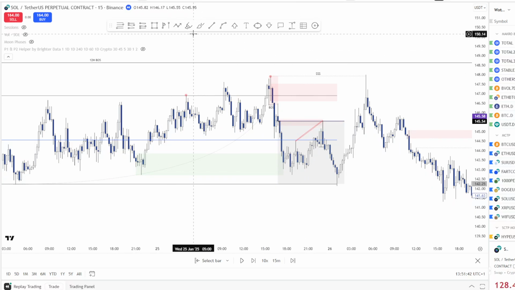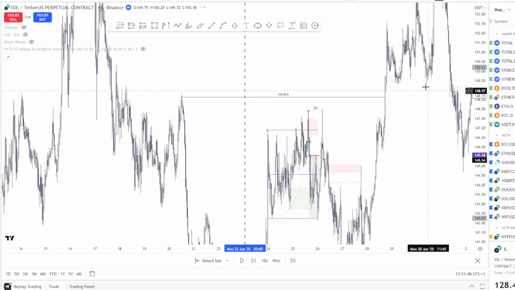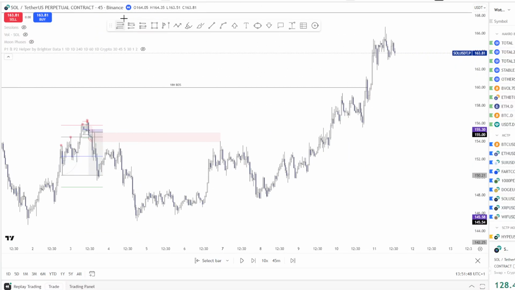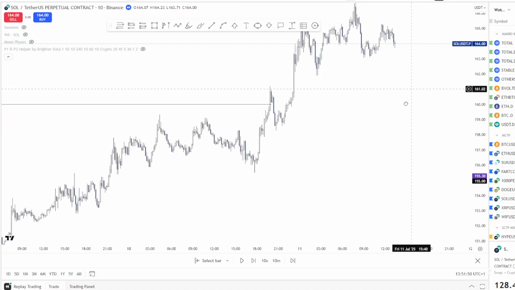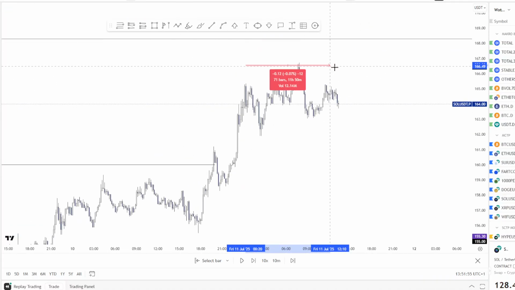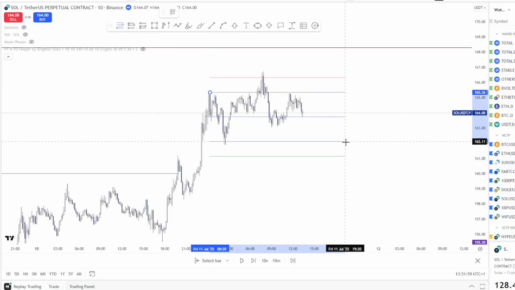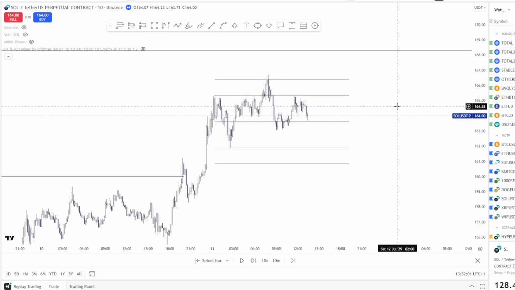You want to enter on the premium, but yeah. Interesting. So here we are forming a range again. Again, lower time frame, but we can look at it.